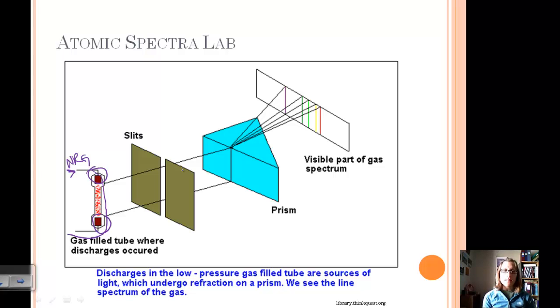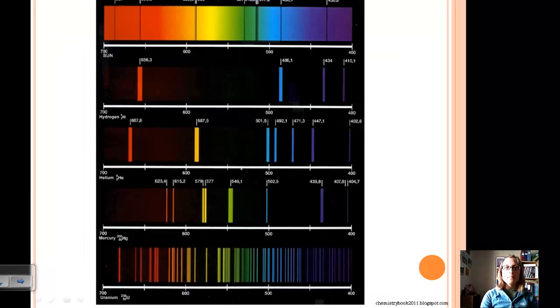And we look at that energy that's given off, that light, through a prism or a spectroscope, and that breaks light up into its visible components. And so then we can see these very specific, discrete units of energy. And the cool thing is that every element has its own, what we're calling atomic spectra. And so it's kind of like a fingerprint for the atom.